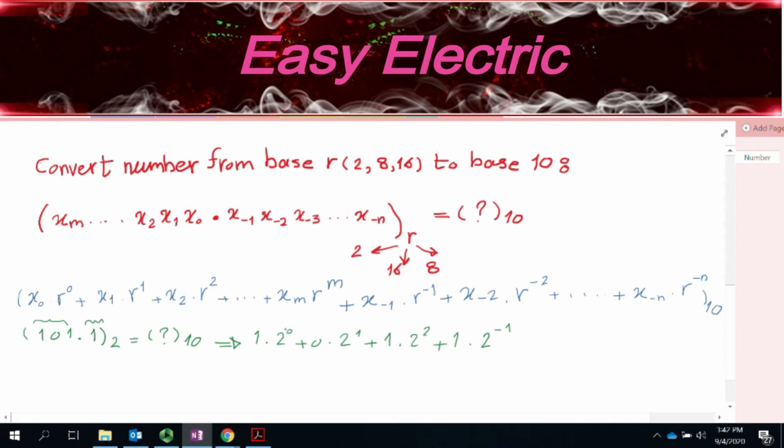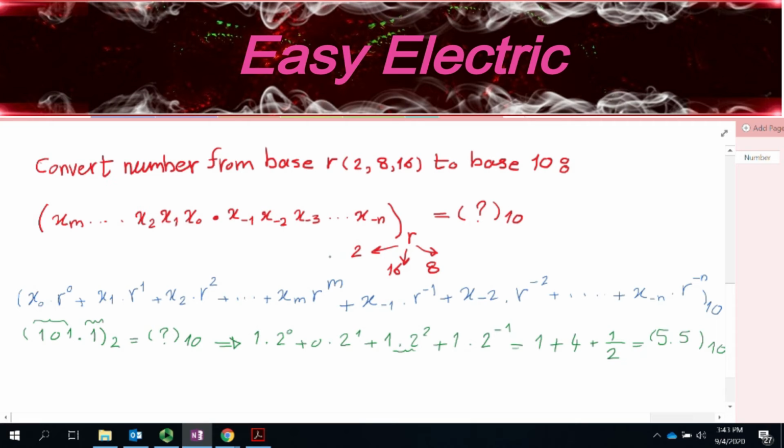So 2 power 0 is 1, so 1 plus 0, 0 times anything is 0, plus 4, and the last one is 1 over 2, so it should be 5.5 in base 10. It works for any other base in the general case, moving from base R to base 10.